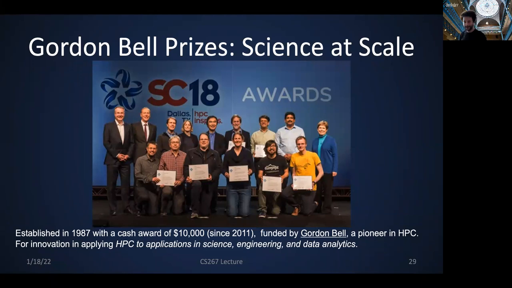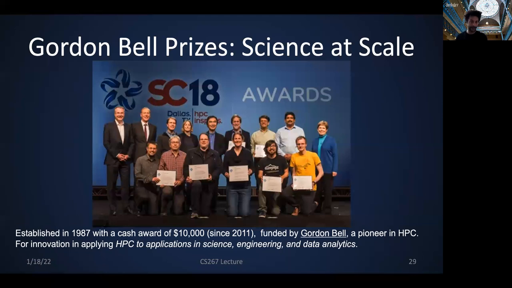I don't know the historical number, what it used to be. And that became the so-called Gordon Bell Award that's been handed out at the SC conference every year. Its scope has been broadened to include not just raw performance on real applications, but generally innovations in applying high-performance computing to science, engineering, and data analytics problems.